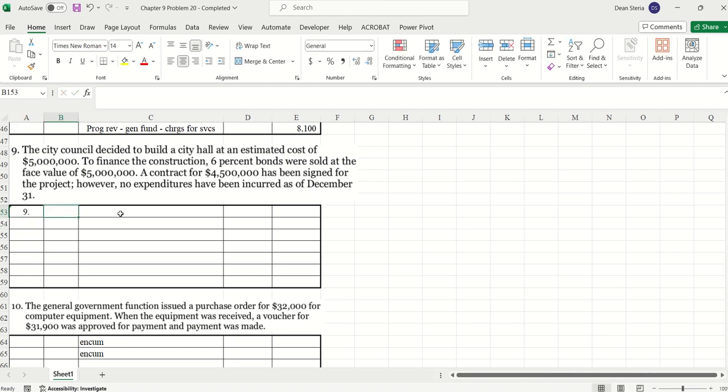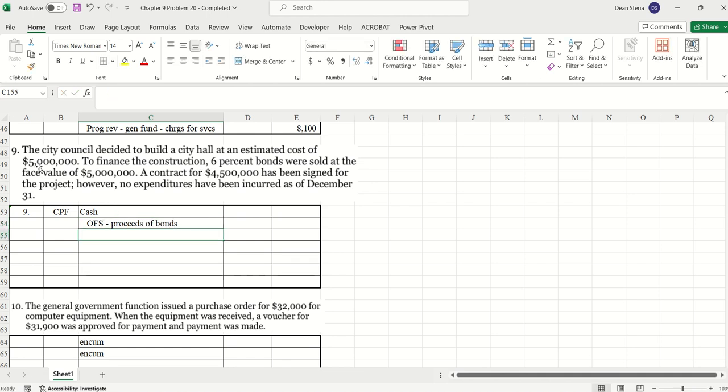And this is going to be the capital projects fund, right? Because we're making a building, so that's going to be capital projects. We issued the bonds at face value. That means we got the full amount of cash. Other financing sources, proceeds of bonds, okay?